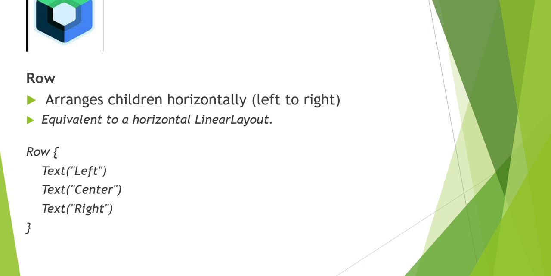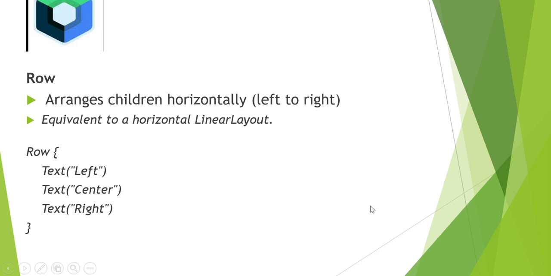Okay, then how to implement row using Jetpack Compose? We have a composable function called row, right? So we can call that one row. Then we can add as many children as you want.